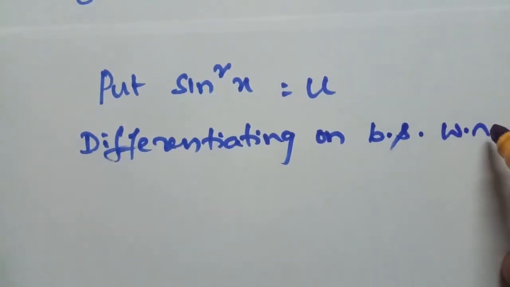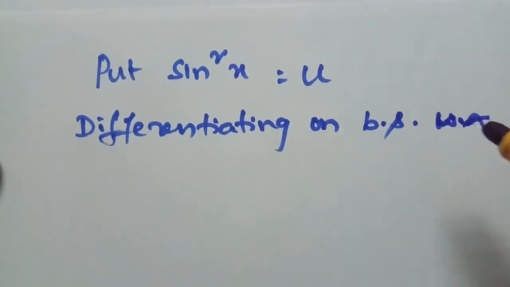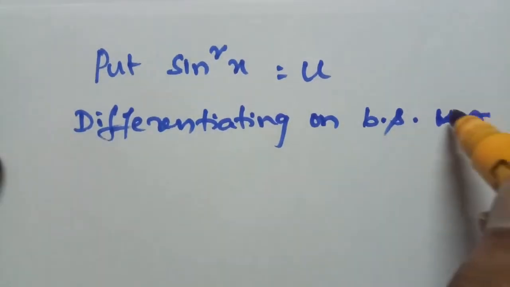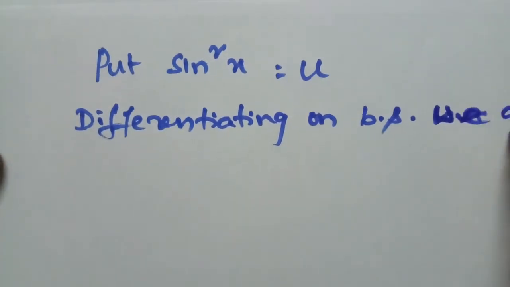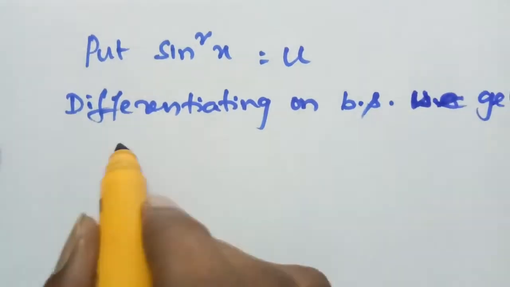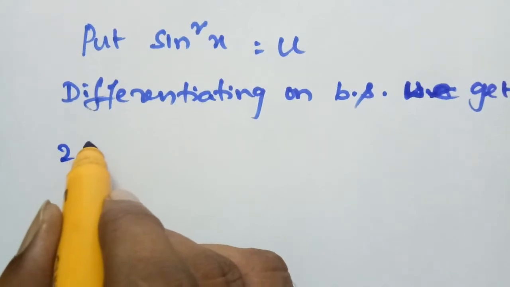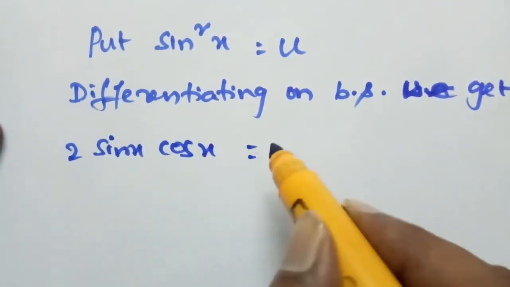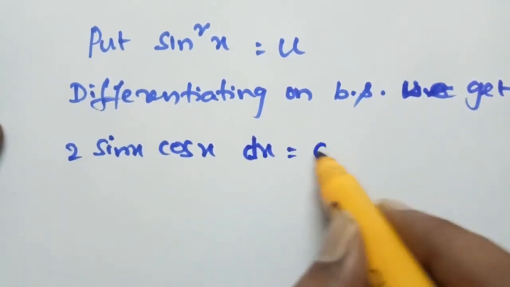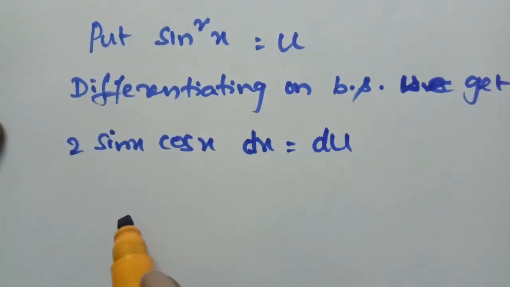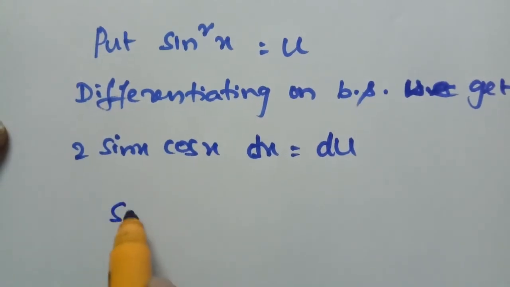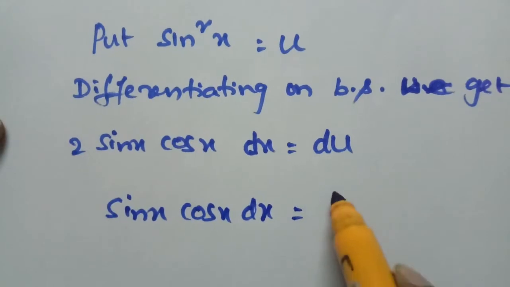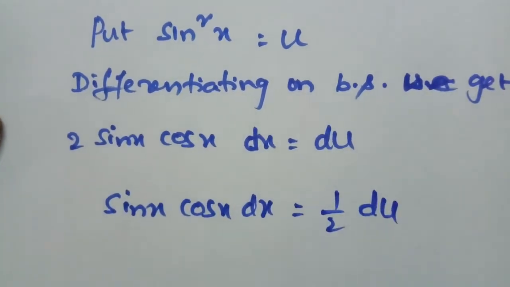You can assume that with respect to x or u, no problem. So we get sin square x derivative 2 sin x, again sin x derivative cos x into dx is equal to du. Therefore, by cross multiplication, sin x into cos x dx is equal to 1 by 2 into du.